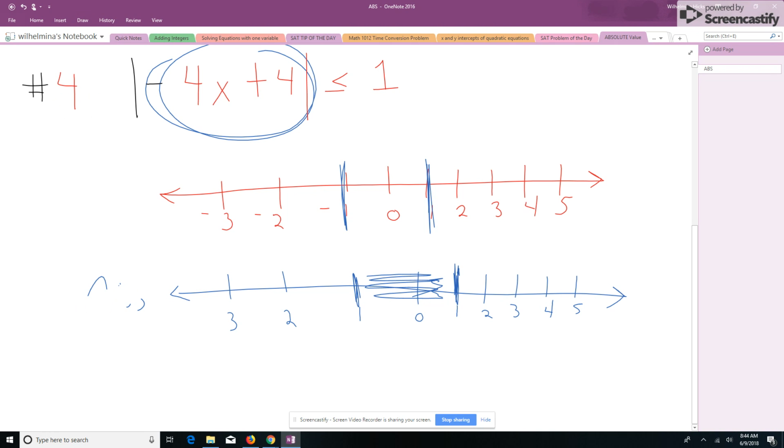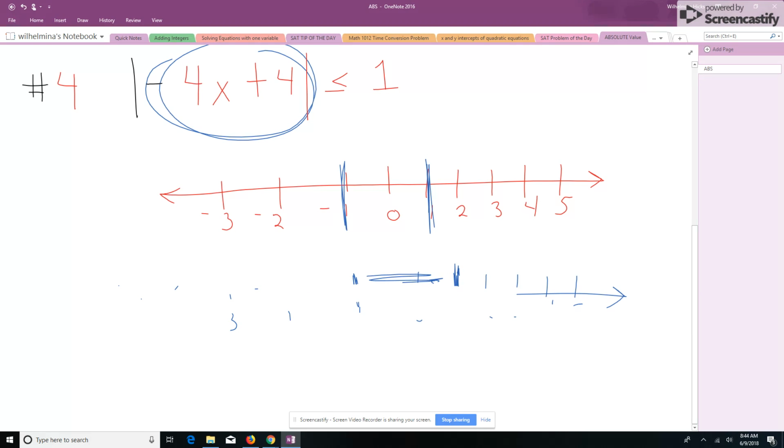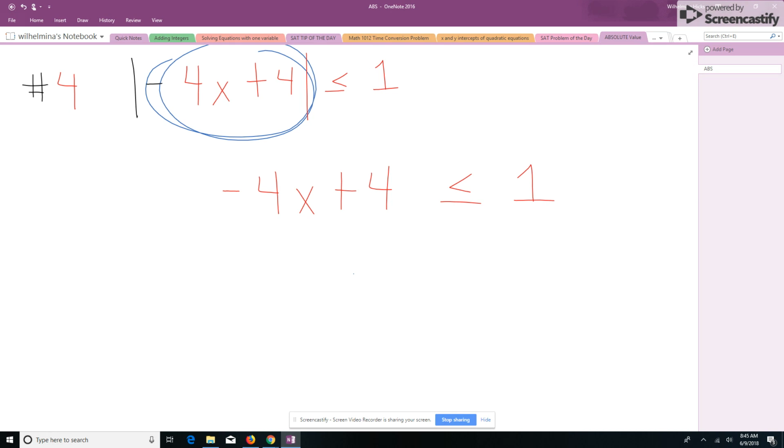What I tell my students or ask them to do when you're talking about absolute value inequalities with a less than symbol, you can put the information that's in the bars between what you have over here and the negative.